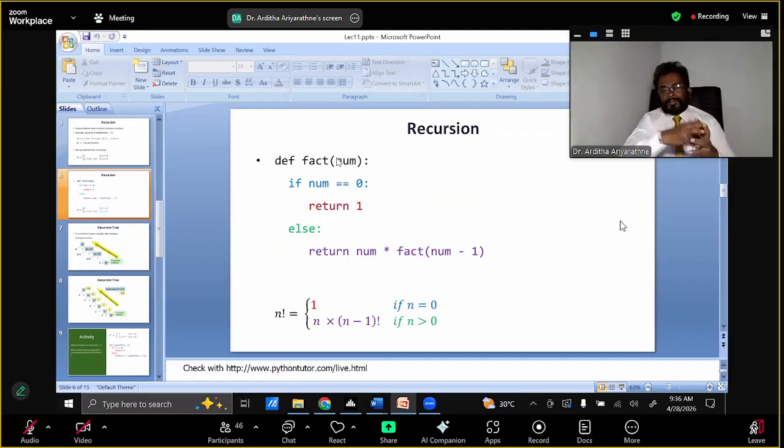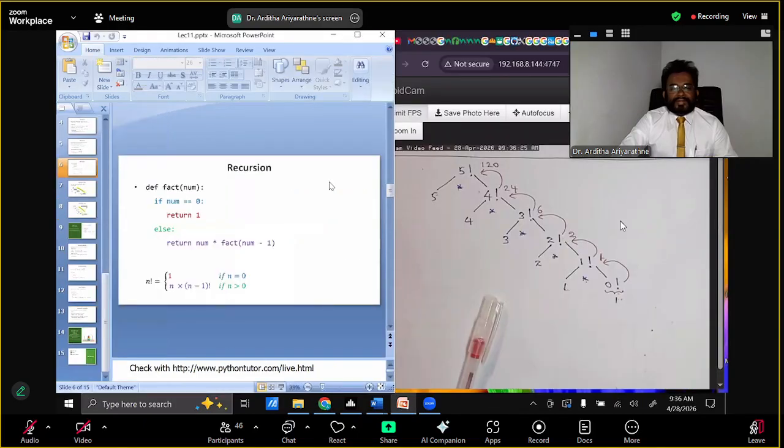How to write the programming part of this factorial. Now I am going to partition the screen into 2 sections, then you can get the idea.